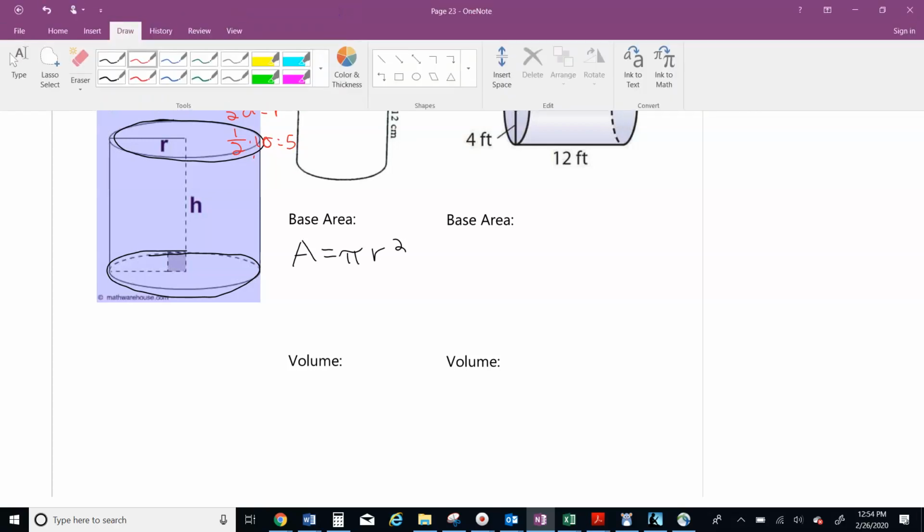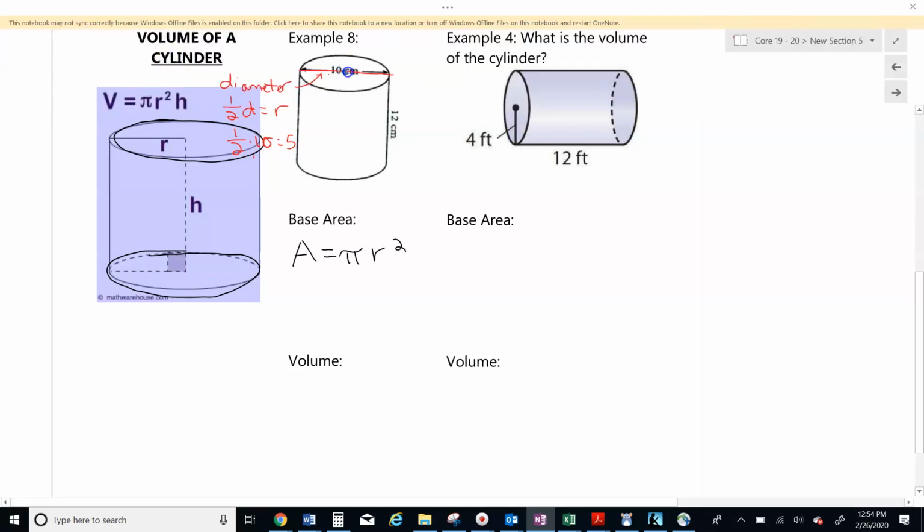Right? So my actual radius here is 5 centimeters. So you have to be very careful that we are doing half of the diameter and not the whole diameter.